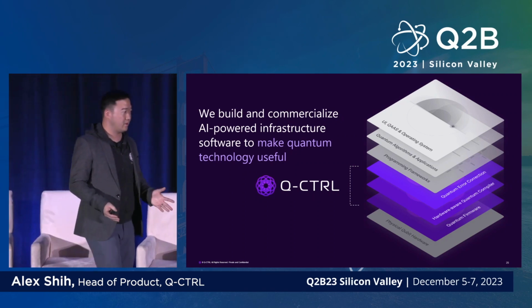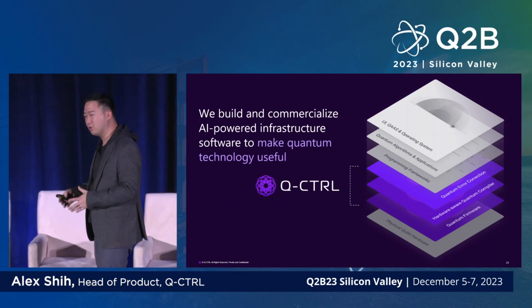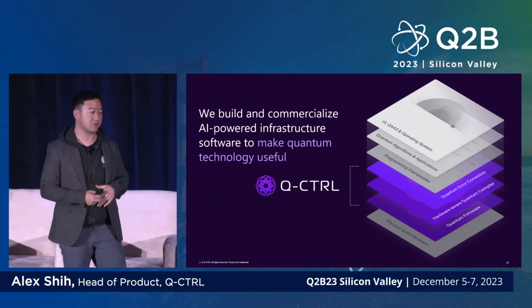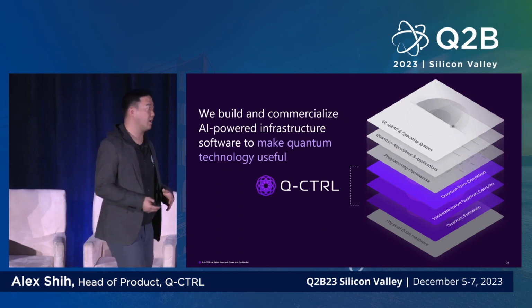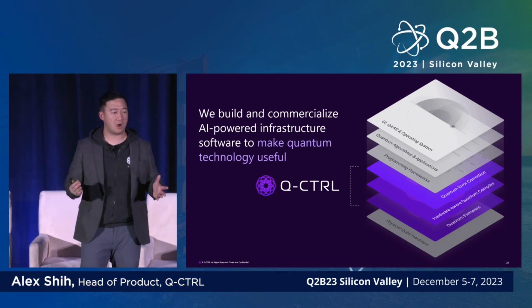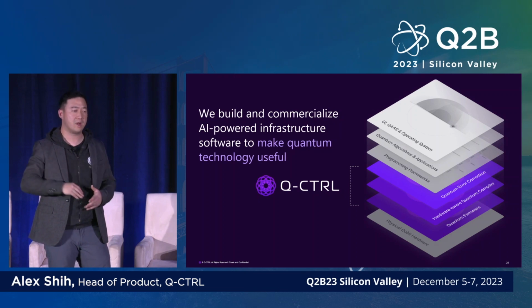So you may all know this, but at Q-CTRL, our goal is to build and commercialize AI-powered infrastructure software in service of the mission to make quantum technology useful. So we have software that sits right at the firmware layer above the hardware.